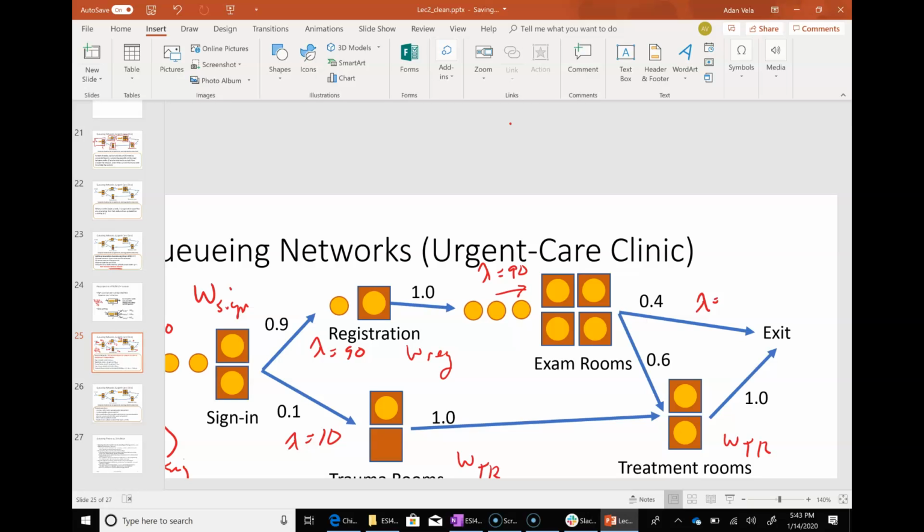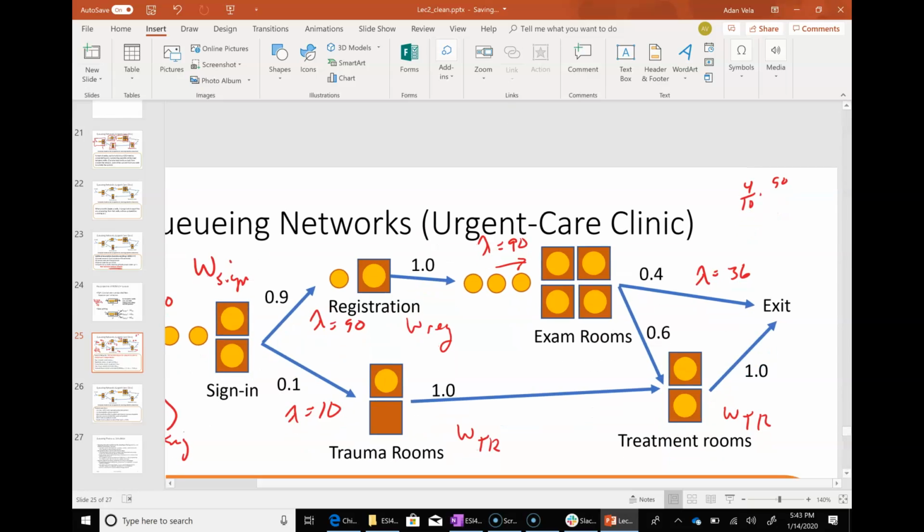Anybody know what that is? 36. All right. So how many are then going to the treatment room? 90 minus 36? Is that 44 or 54? 54.